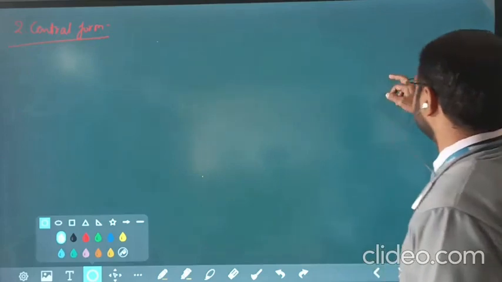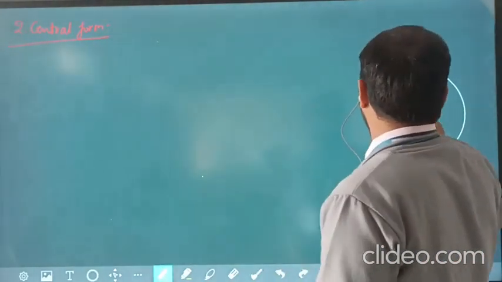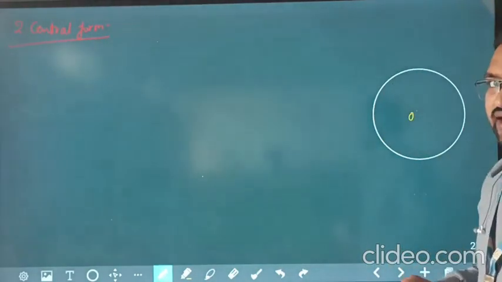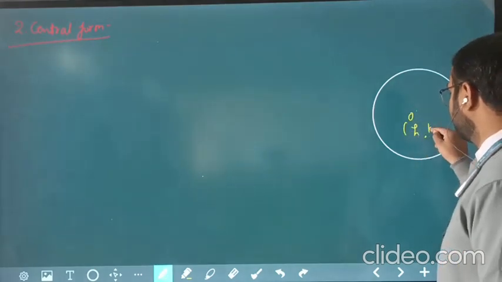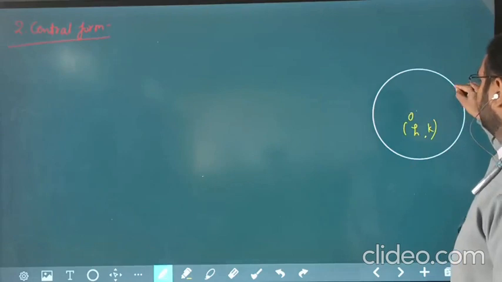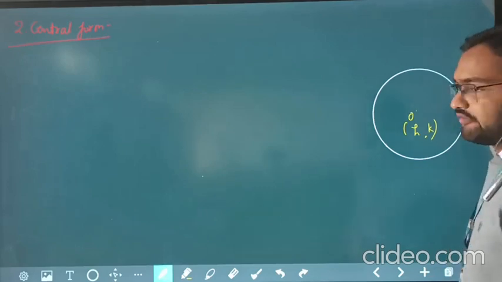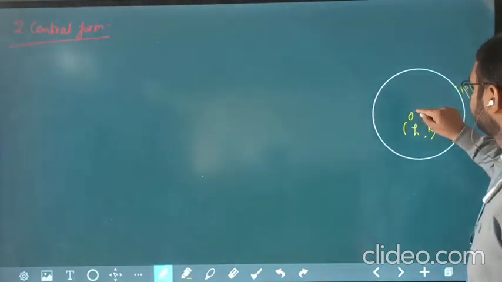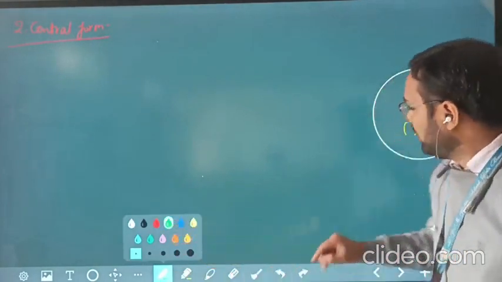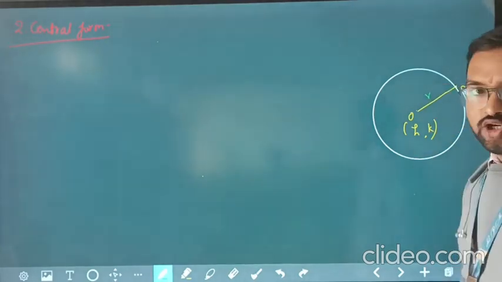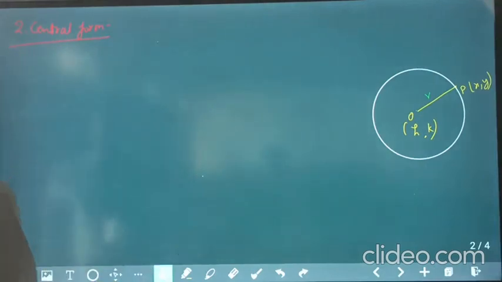So if we have a circle with center O, and let the coordinates of the center be h, k, and as previously, P will be x, y because it is variable, and r will again remain constant, as the radius is always constant.